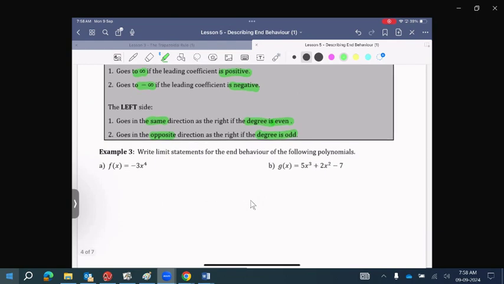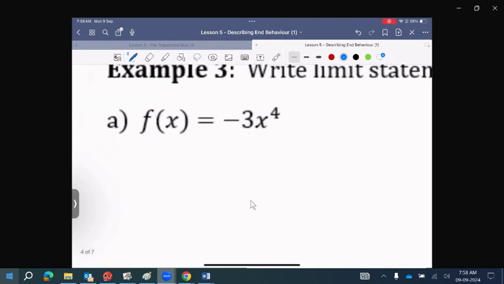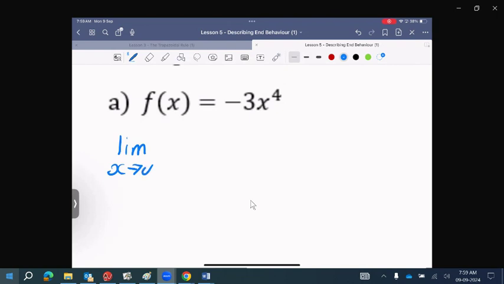So I'm going to have a go at writing a limit statement for this polynomial expression given here. Firstly, what is the value of the lead coefficient? Negative 3. So if the lead coefficient is negative, we can say that the limit as x approaches infinity of f of x is going to approach negative infinity because the lead coefficient is negative.